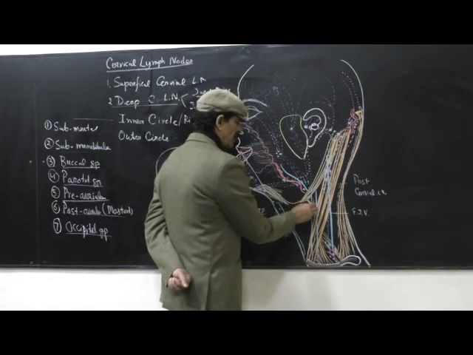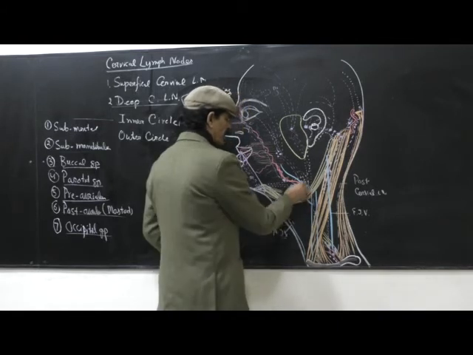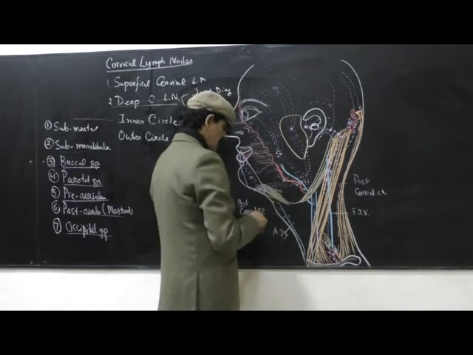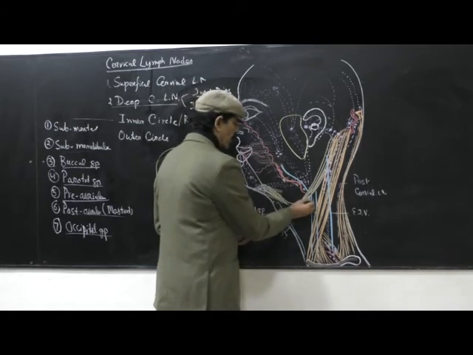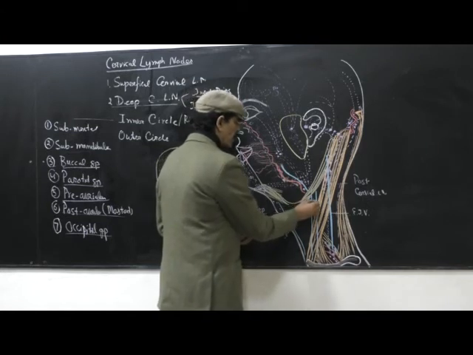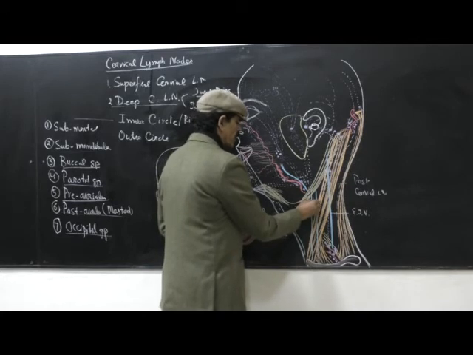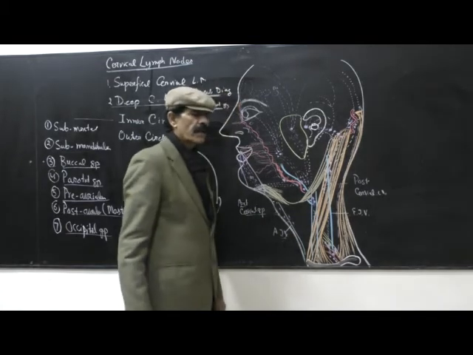So this small triangle is so formed, and here lies the jugulo-digastric group of lymph nodes embedded in the carotid sheath, where the internal jugular vein lies along with the carotid artery and the vagus nerve.